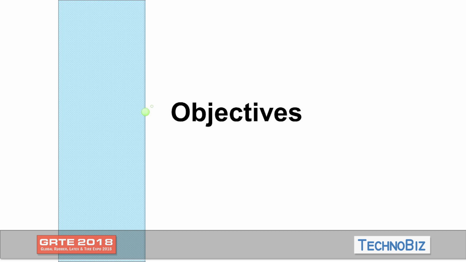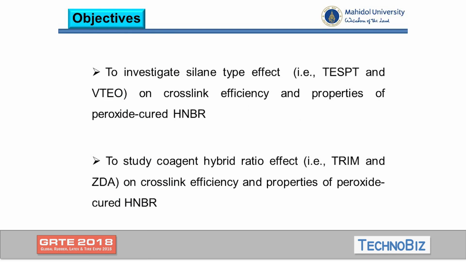So, this work will mainly focus on two chemicals, the silane coupling agent and the coagent. The first objective is to investigate the silane type effect, including TESPT and VTEO, on the cross-link efficiency and properties of peroxide cured HNBR.